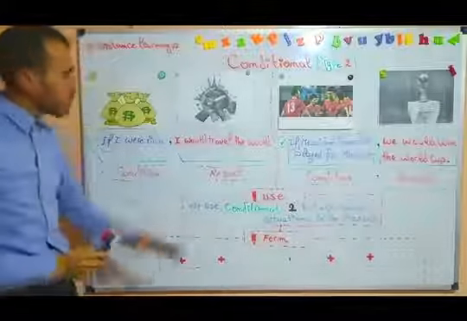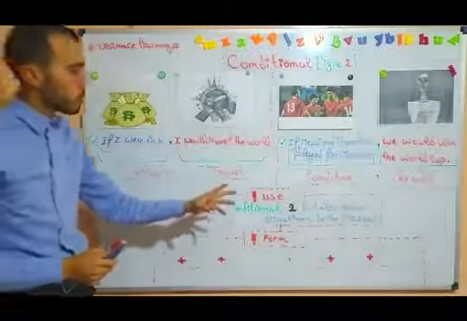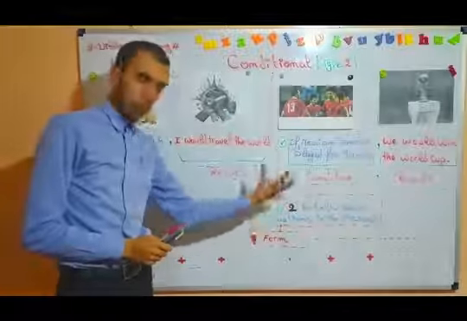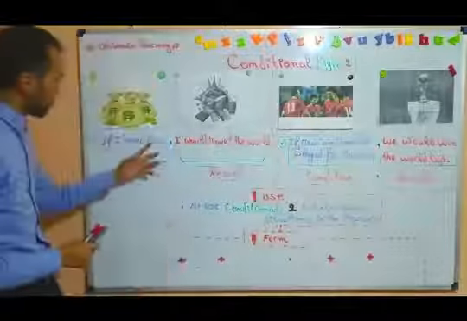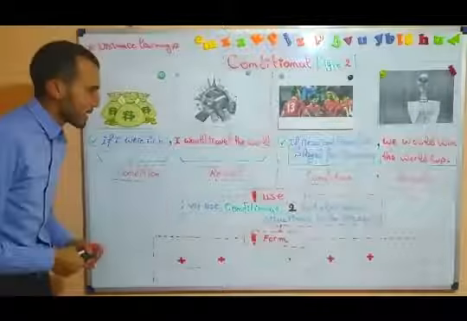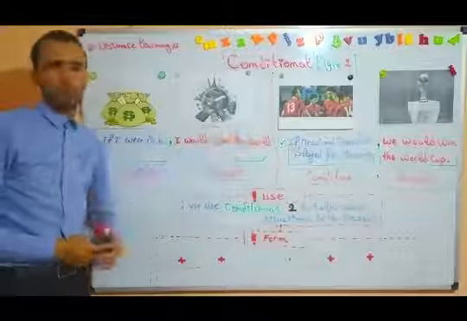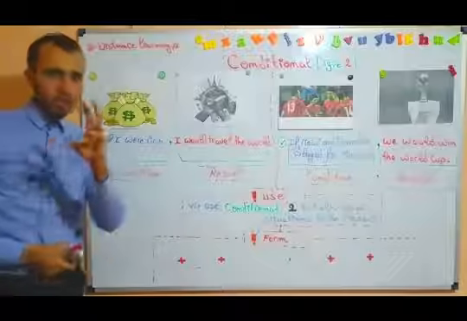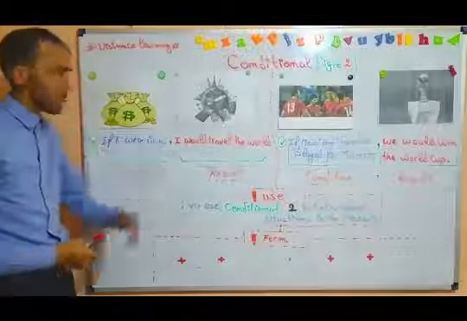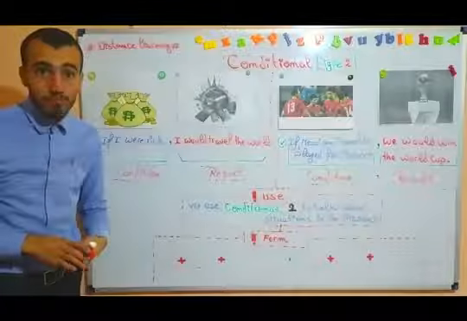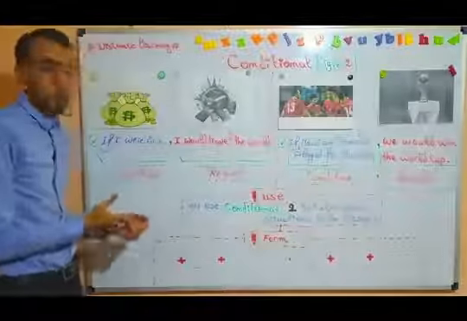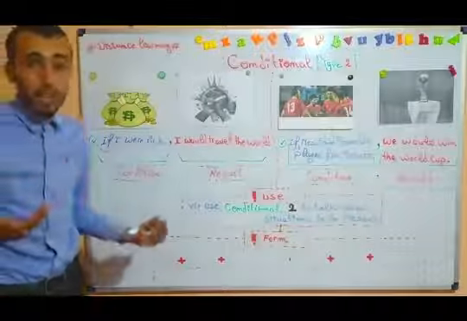Now, let's look at the two examples in terms of meaning, so we could discover the use of conditional type 2. Let's look at the first example. If I were rich, I would travel the world. So what you might understand within this statement is that I am not rich. In reality, I'm not rich.